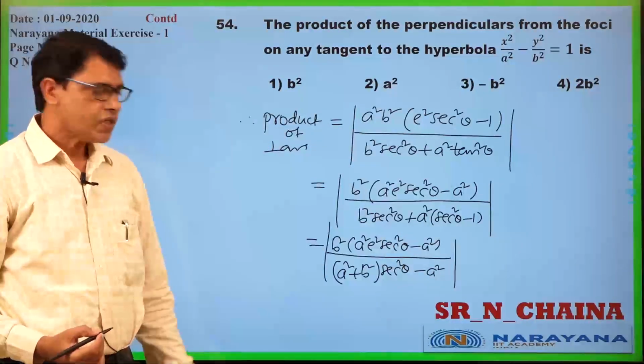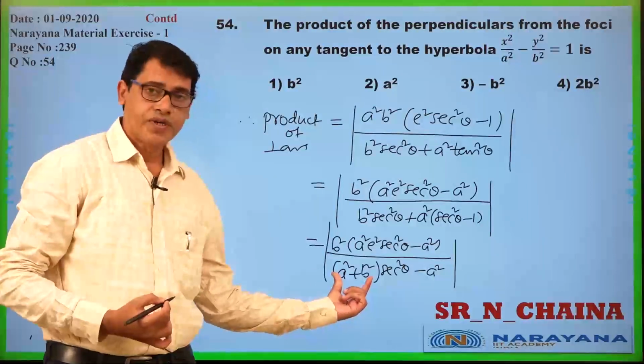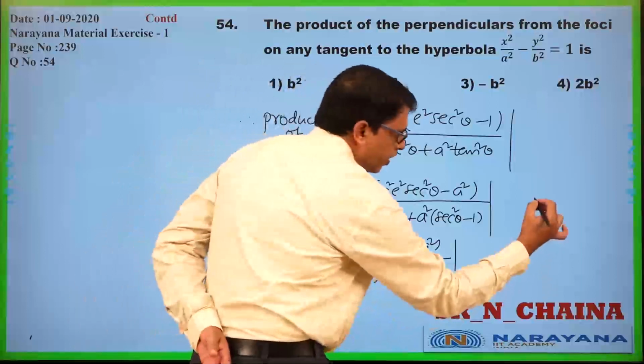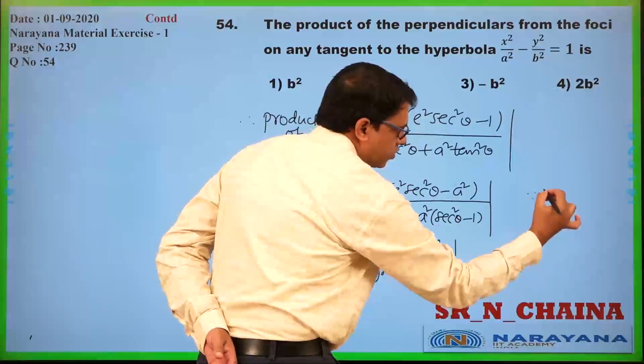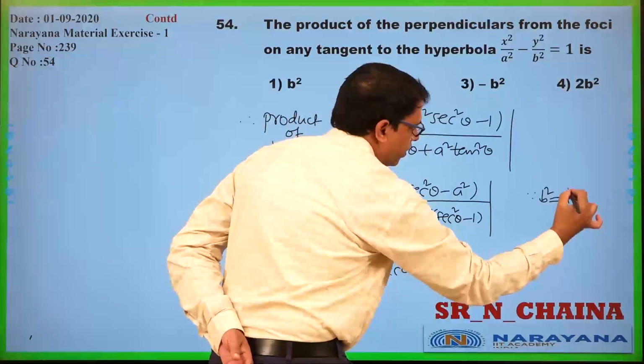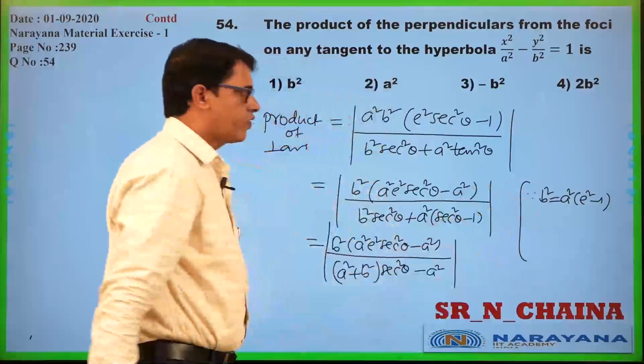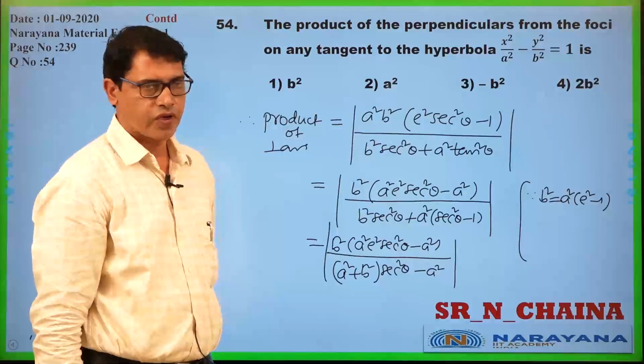Now here a square plus b square is nothing but a square e square. Yes or not? So we have the condition: b square is equal to a square into e square minus 1.